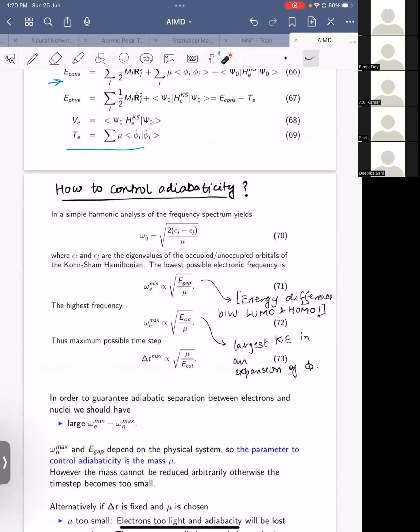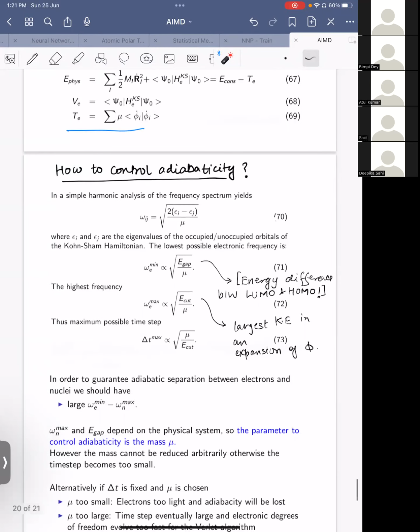So this is our minimum frequency for electron, and this electron gap is the energy difference between LUMO and HOMO. The highest frequency of nucleus and the lowest frequency of electron are both physical parameters, so we cannot control them. The thing we can control is the fictitious mass, to make it less or more. This is what is called the adiabaticity parameter.